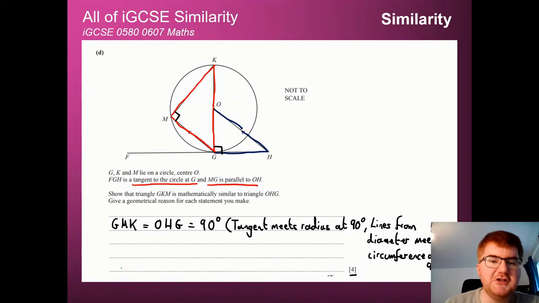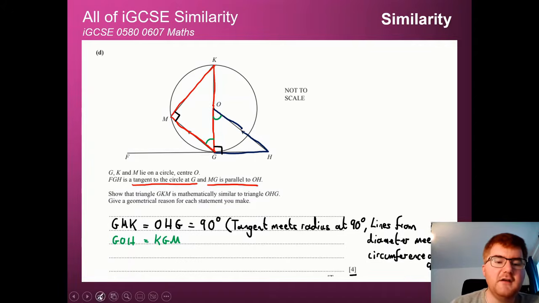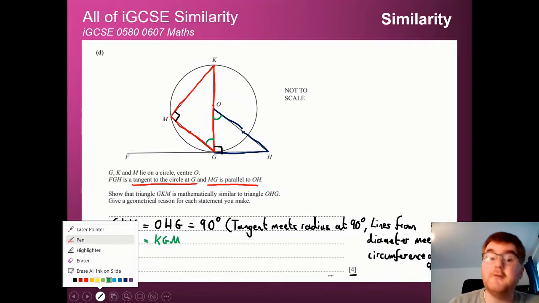Now what we're going to do is show that 2 other angles are the same. And the angles I'm going to pick on here are this one here, so this angle here, so this is GOH. I'm going to show this is equal to this angle down here, so that's KGM. And the reason they're equal is another angle fact you need to know, again, a very useful angle fact that comes up a lot.